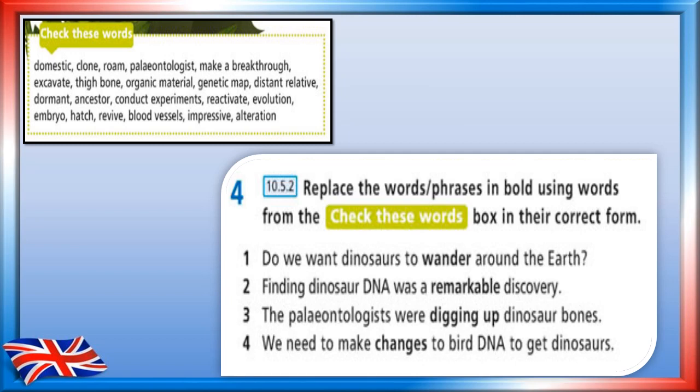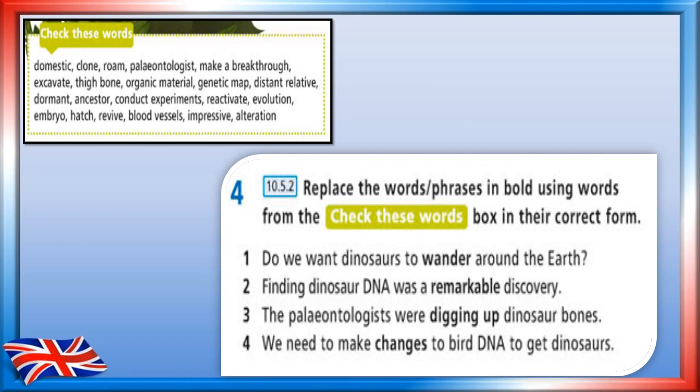Exercise 4. Replace the words and phrases in bold using words from the Check These Words box in their correct form. 1. Do we want dinosaurs to wander around the earth? 2.